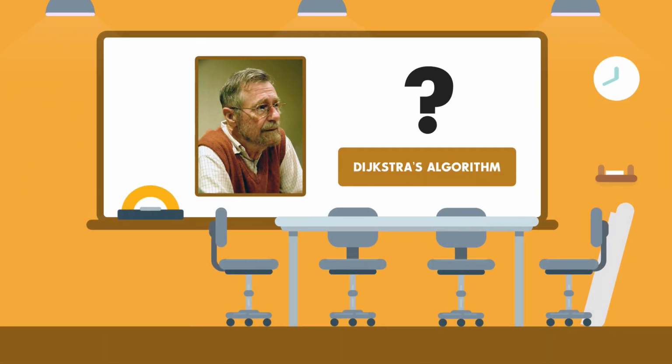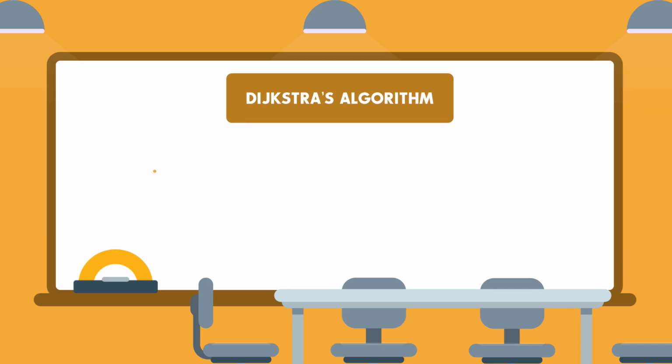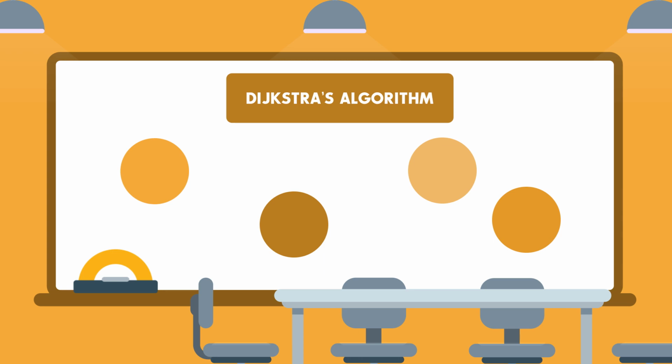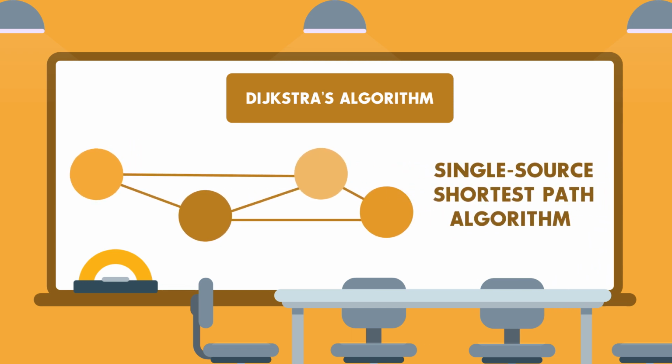So what even is Dijkstra's algorithm, and why might it be helpful to answering this question? Dijkstra's algorithm is a graph search algorithm primarily used to find the shortest path between nodes in a weighted graph. This algorithm is classified as a single-source shortest path algorithm, as it finds the shortest path from a single-source node to all other nodes in the graph.